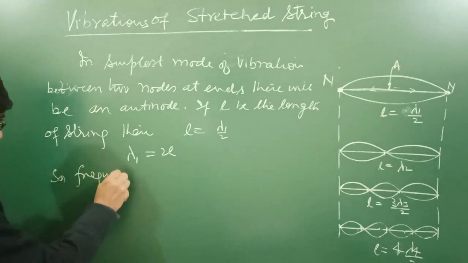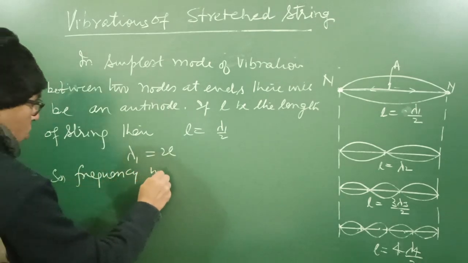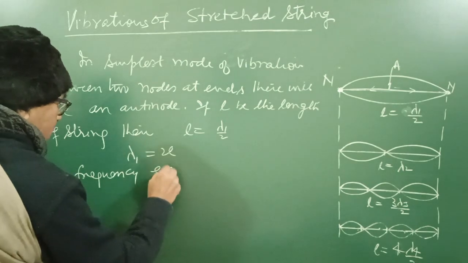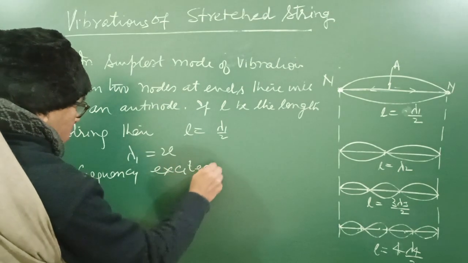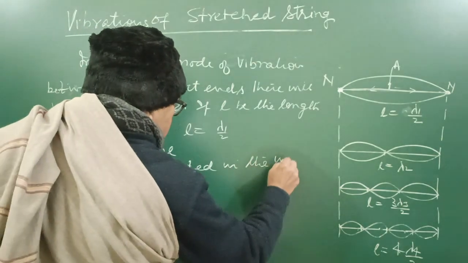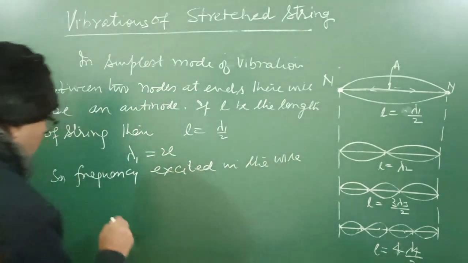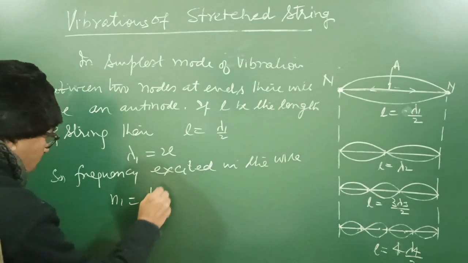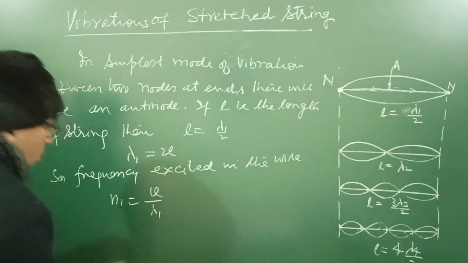So if N1 is the frequency excited in the wire, N1 is equal to V by lambda 1.